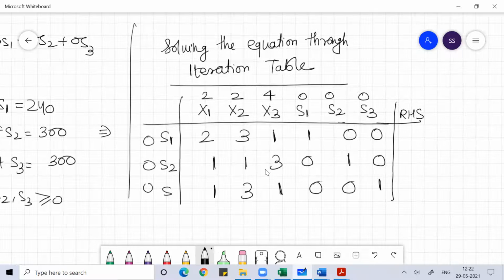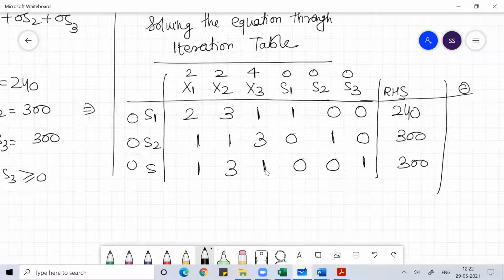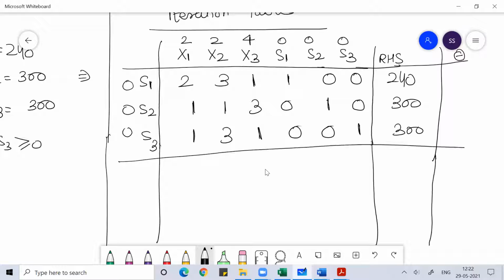You simply write down the coefficients. And the RHS is 240, 300, and 300. Clear? Anyone have any doubt?